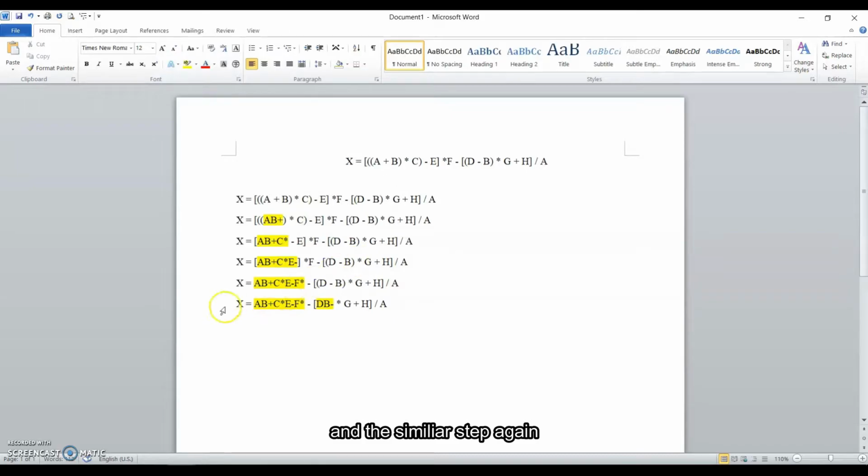And the similar step again, we shift the multiply sign. Shift the multiply sign of G to the right side.